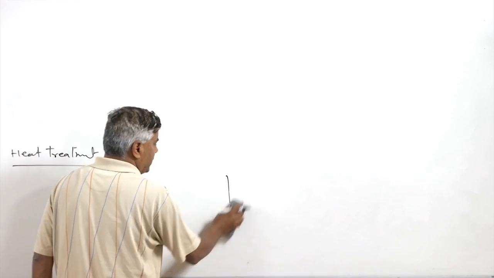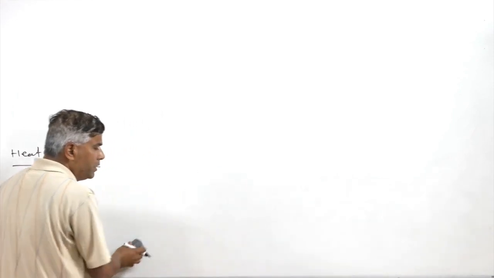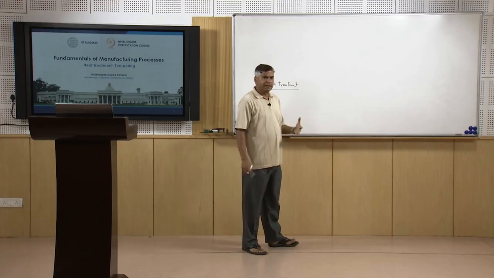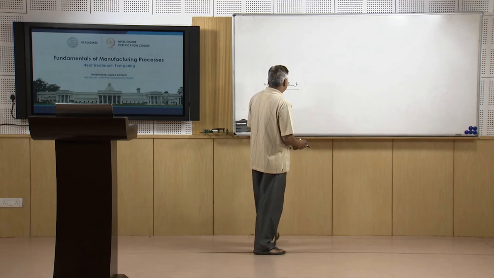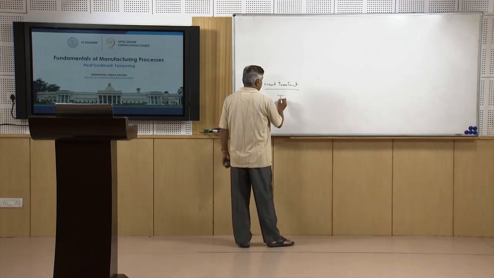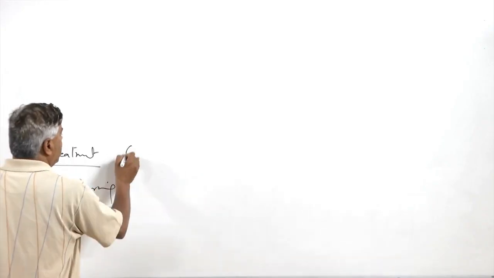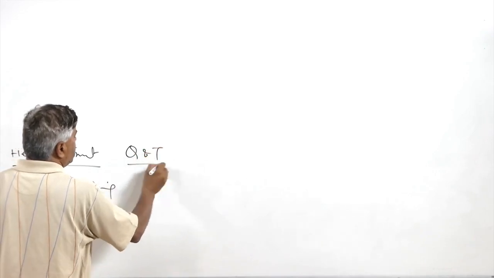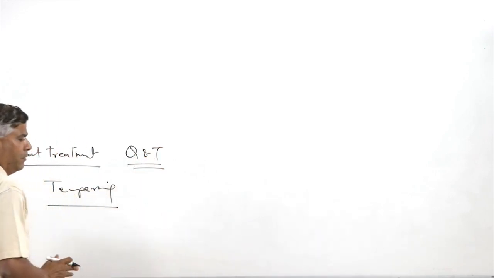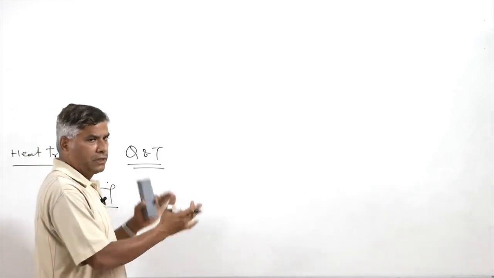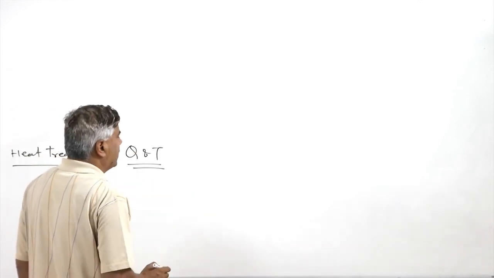Therefore, to induce some extent of the ductility and toughness, tempering treatment is carried out. Normally the quenching and tempering are the couple words. After the quenching, normally the tempering is carried out.